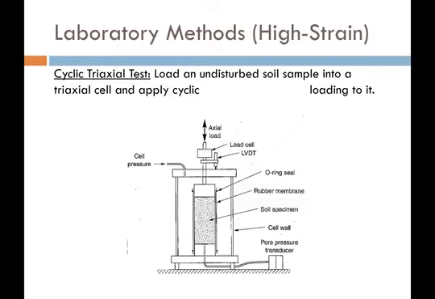It can load up, load down, load up, load down, and so what we're doing is applying a cyclic vertical stress. It's compressional in nature, but when it loads off, it induces tension in the soil. So we get compression, tension, and it's trying to mimic cyclic loading in the soil.